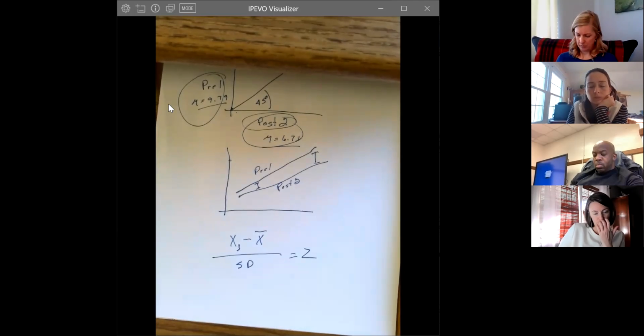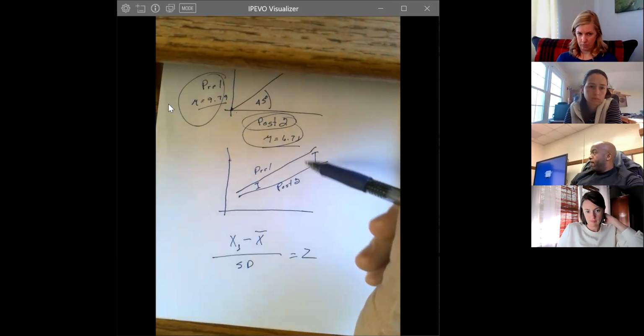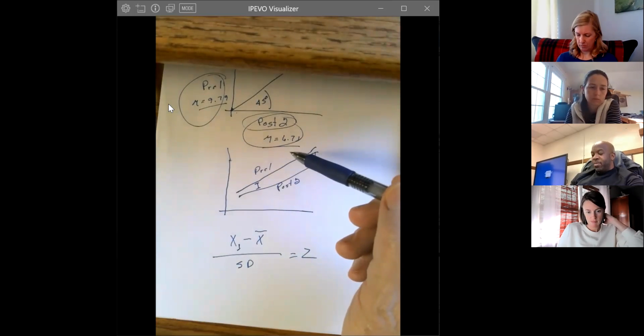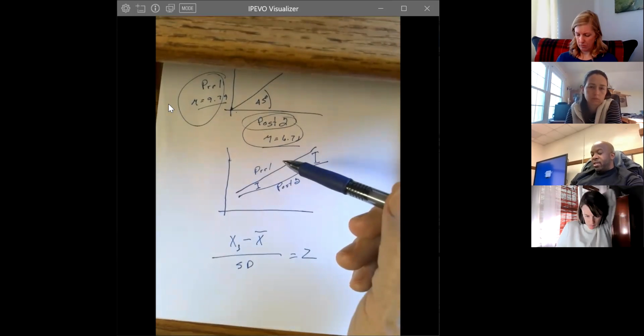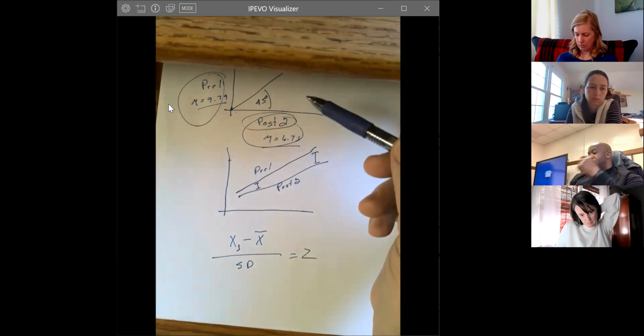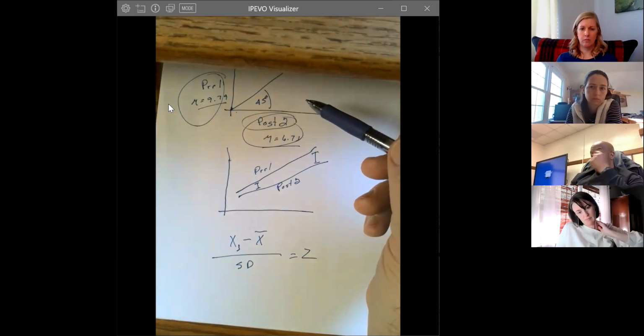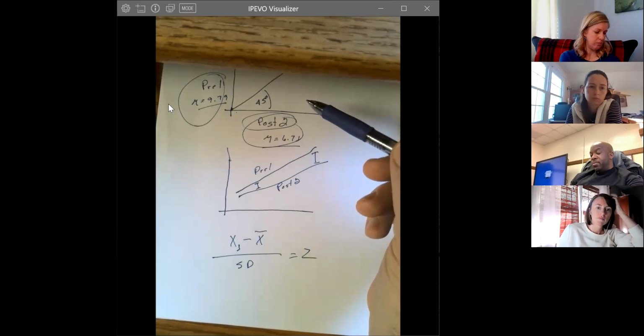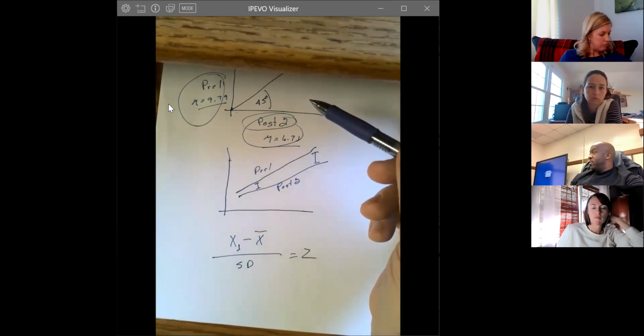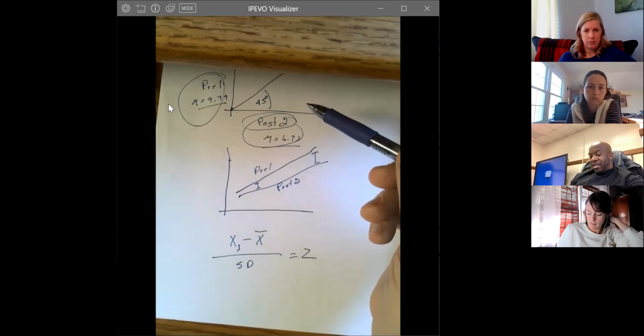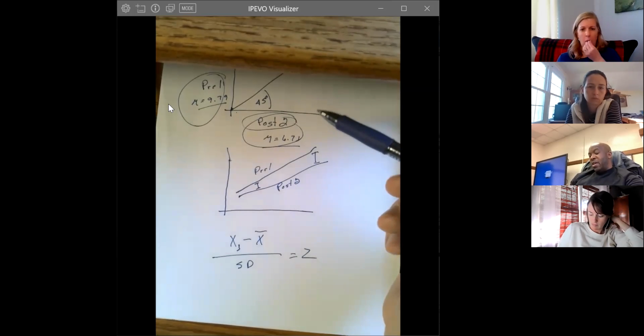And so what we have done in correlation is to take these two different sets of scores, which have different means and different standard deviations, and we standardized them so that they now have the same mean, which is 0, and the same standard deviation, that standard normal curve.